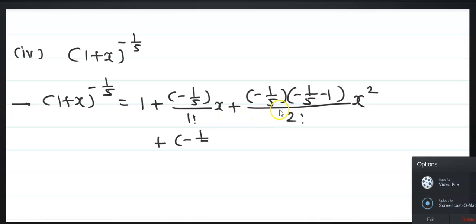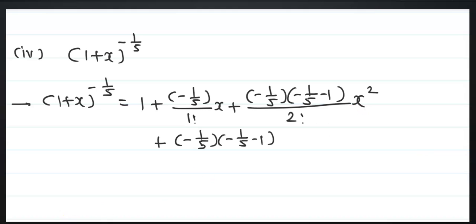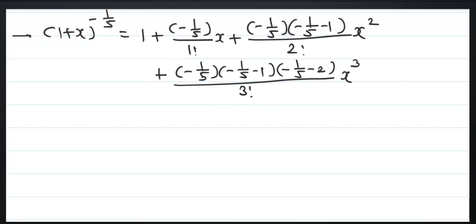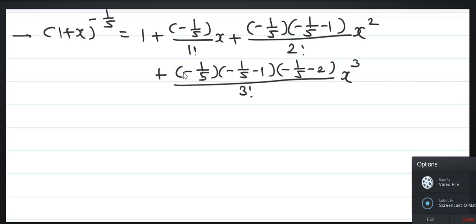The third term is (minus 1 by 5)(minus 1 by 5 minus 1) upon 2 factorial into x square. Now next is (minus 1 by 5)(minus 1 by 5 minus 1)(minus 1 by 5 minus 2) upon 3 factorial into x cube.